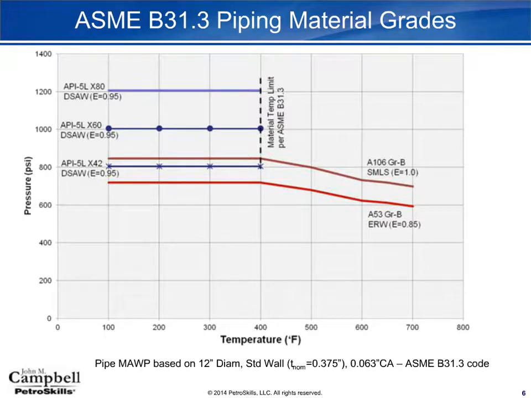But the key that I really want to point out here is that piping materials tend, especially carbon steel materials, to have a flat allowable stress from 100 up to 400. And if we're working with stainless steel materials, we'll see that that is up to 300 degrees before the stainless steel materials start to derate.